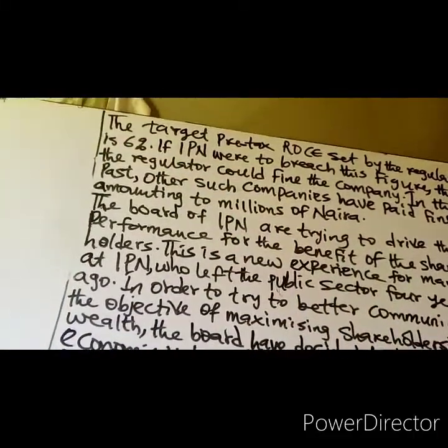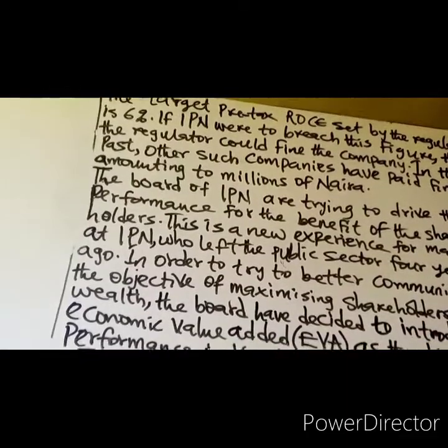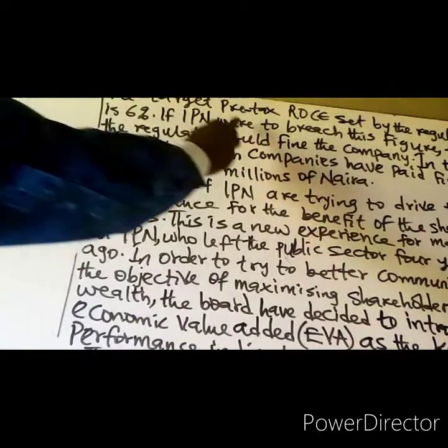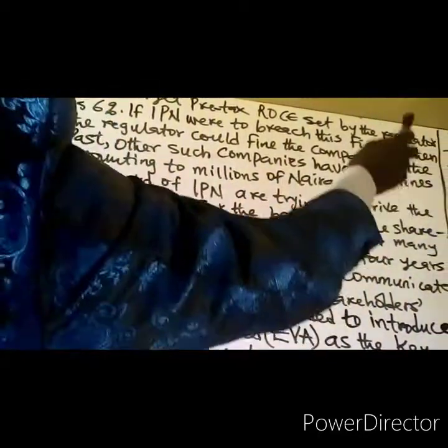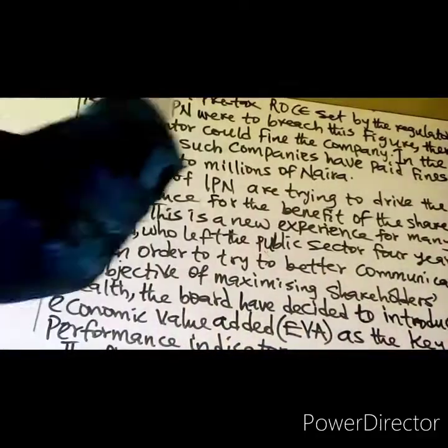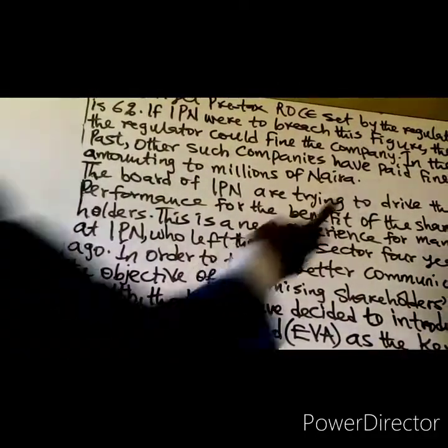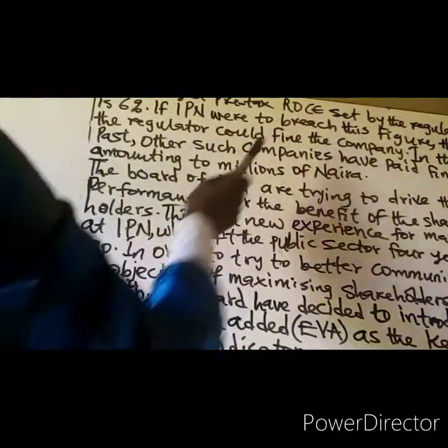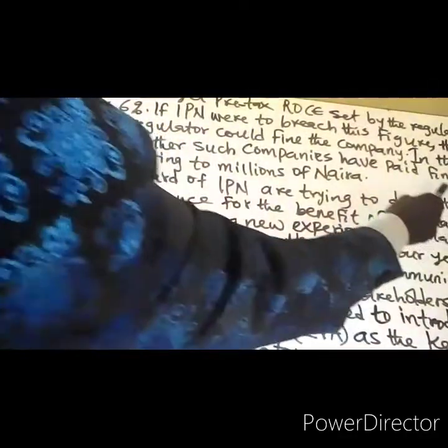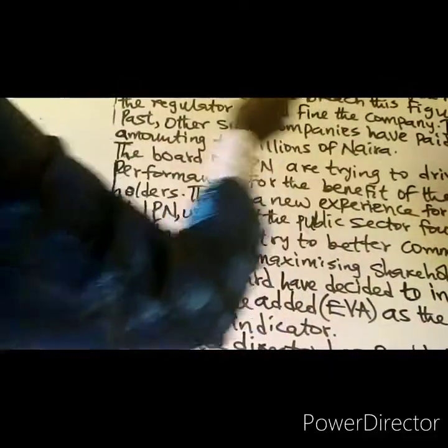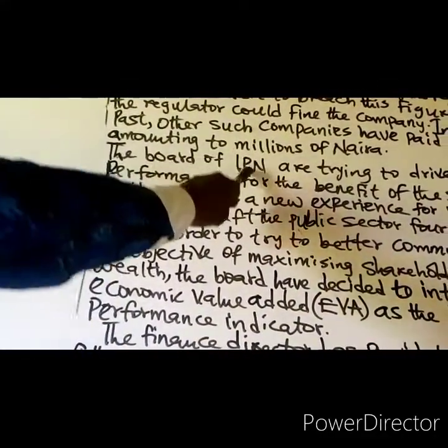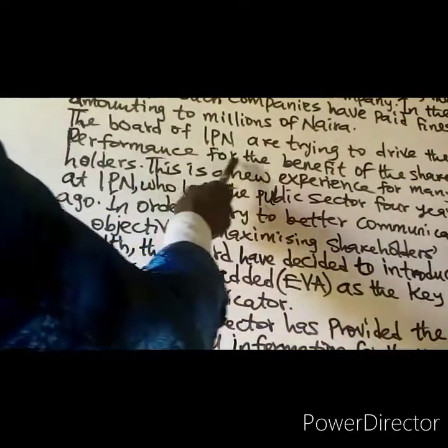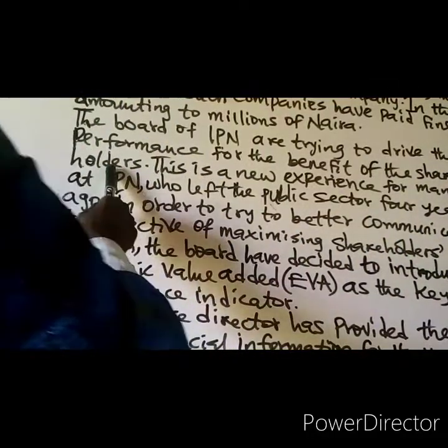The target pre-tax ROCE set by the regulator is 6%. If IPN were to breach this figure, then the regulator could fine the company. In the past, other such companies have paid fines amounting to millions of naira. The board of IPN are trying to drive the performance for the benefit of the shareholders.